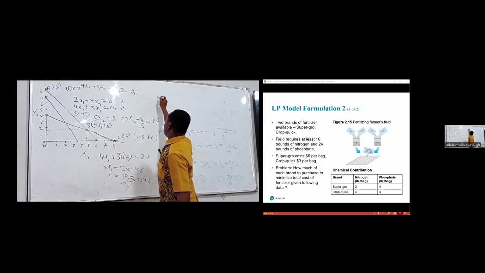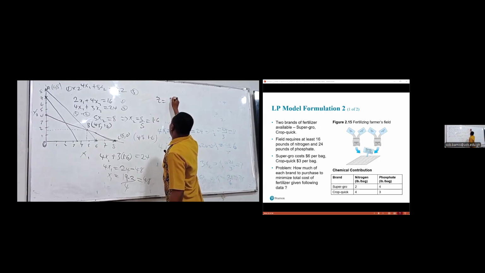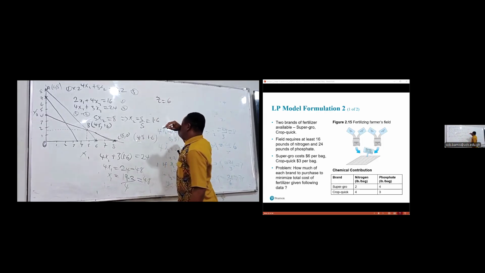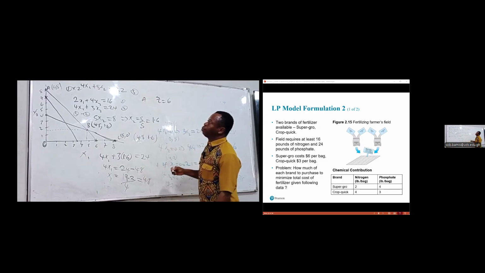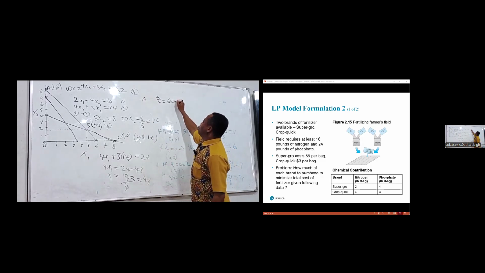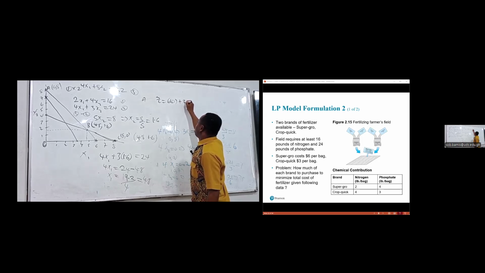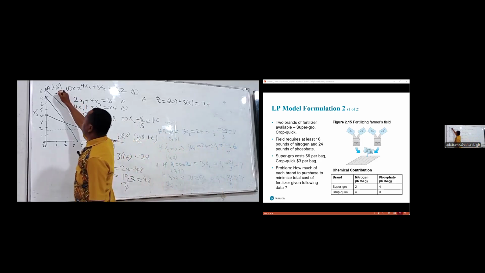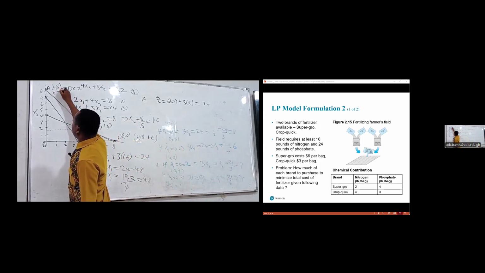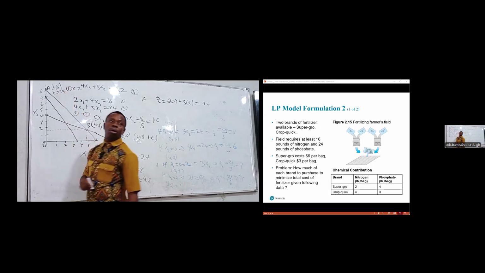So Z is equal to what? Let's start with point A. x1 is 0. So 6 times 0 plus 3 times 8 will be 24. So at point A, Z is equal to 24.